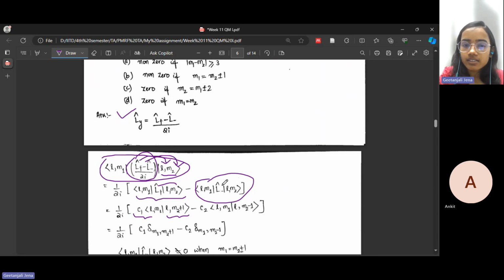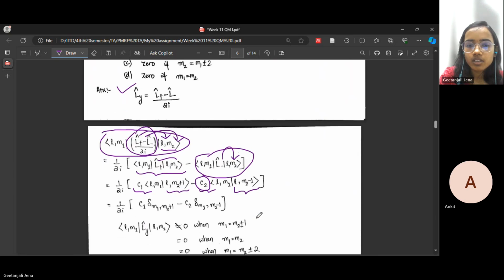Similarly, when L minus acts on L M2, it lowers the state, taking M2 to M2 minus 1. So the ket is L M2 minus 1, with a constant C2, which is related to root over of L into L plus 1 minus M into M minus 1. This constant factor I have not written explicitly.